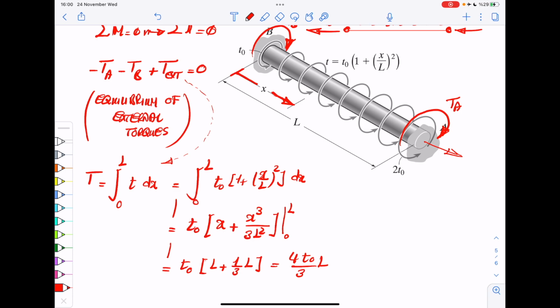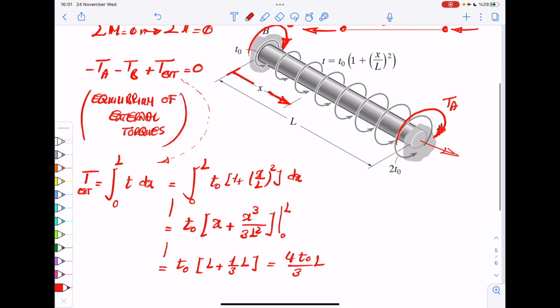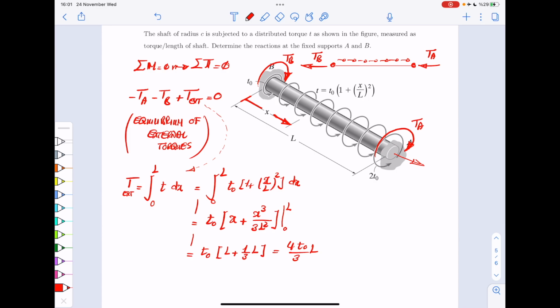Does that make sense? Okay, so this is what I call the external torque, all of it, for the equilibrium equation. So far so good. We have our equilibrium equation. We know exactly what that is. Let me write it here.